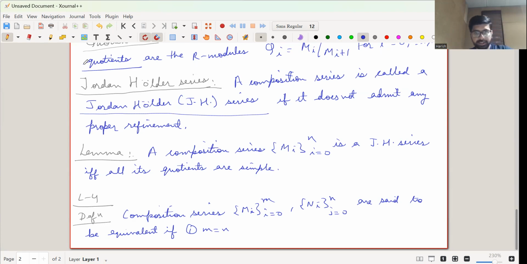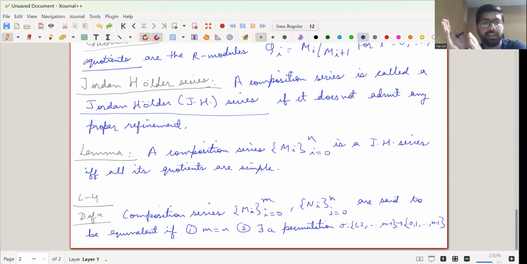And the second is there exists a permutation sigma from 1 to n minus 1 to 0 to n minus 1, such that, see, a permutation is a bijection map from n symbols to n symbols, right?